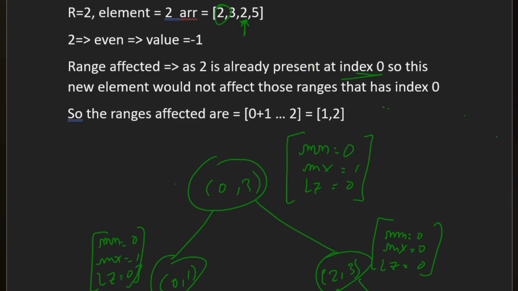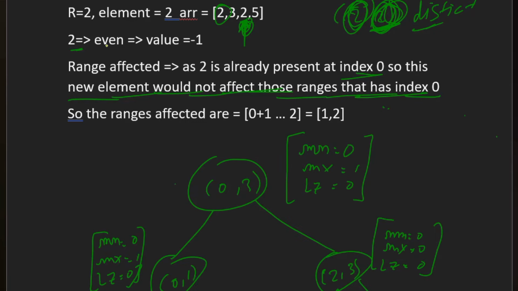So this new element would not affect those ranges that had index 0, because adding 2 to a range that already has 2 won't make this 2 a distinct number, because right now we are counting distinct even or distinct odd. So if the range has already 2, adding this 2 won't make any change to that range, right?